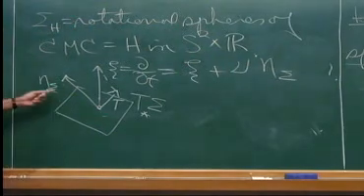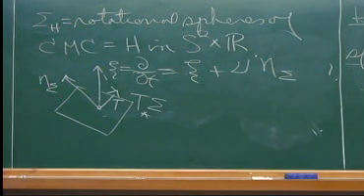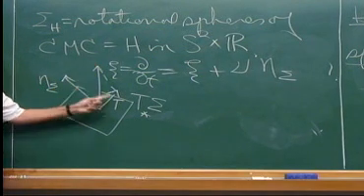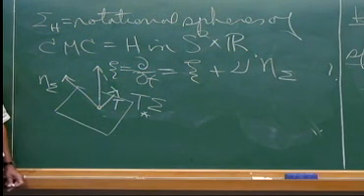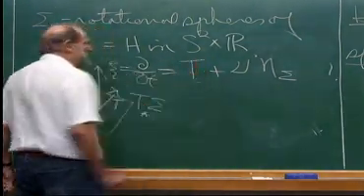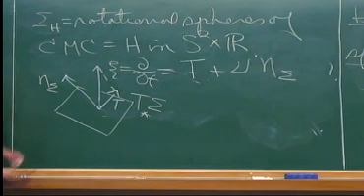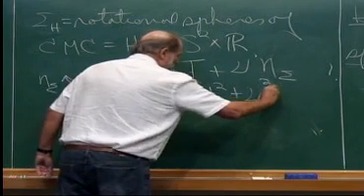So nu is the scalar product of normal and C. T is the projection of the vertical Killing field onto the tangent plane. And since it's an orthogonal projection, the length of T squared plus nu squared is 1.